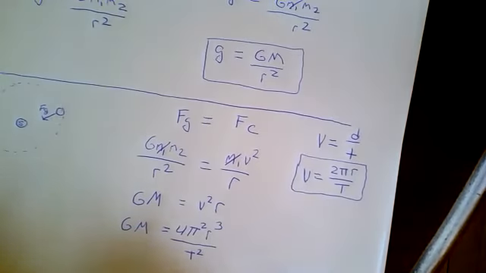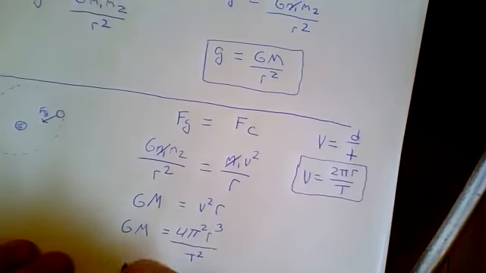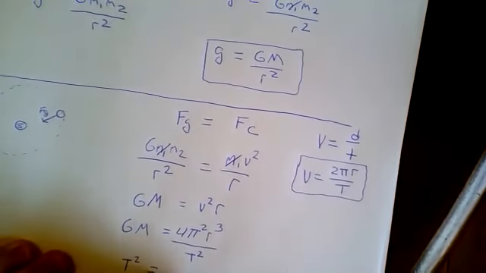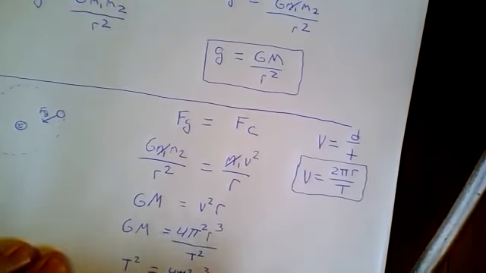My next step is I'm going to multiply both sides by T squared and then divide by GM. And here is where we end.